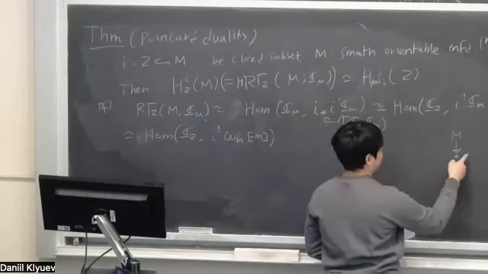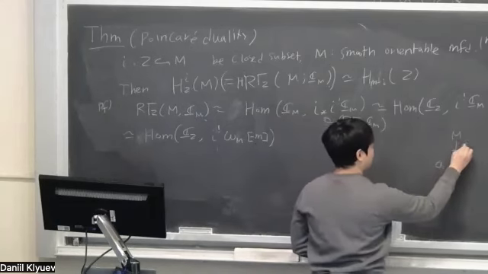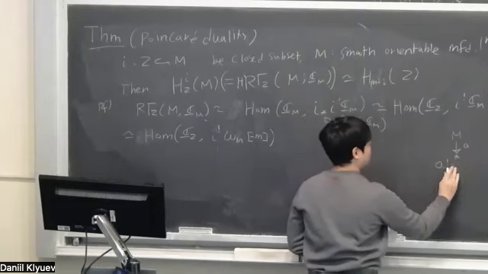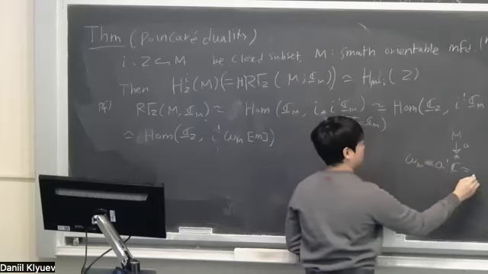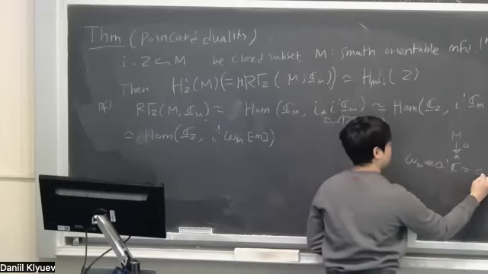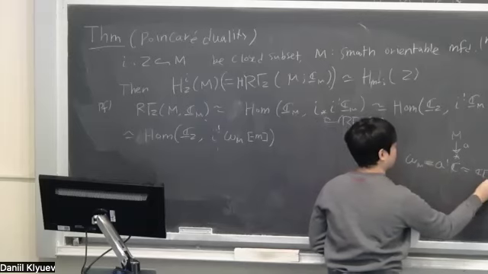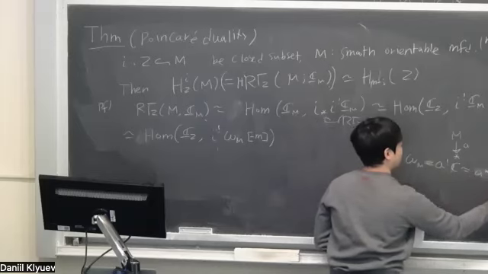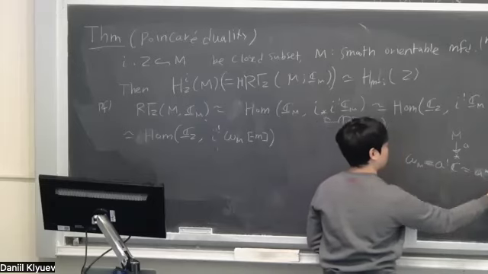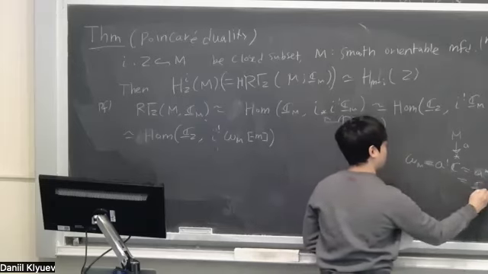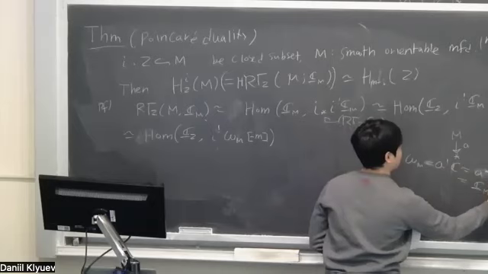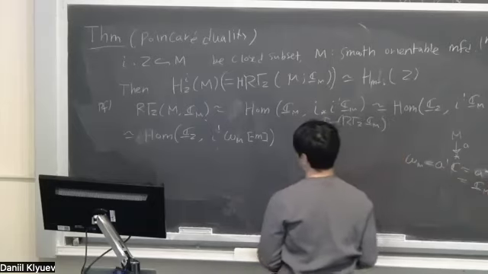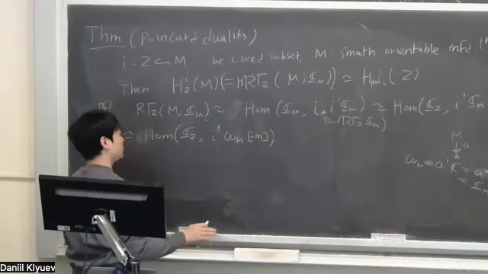In this case, a^! of C, which is the dualizing sheaf, is the same as a^* C with a shift, and this is just a constant sheaf with shift by d_M, where d_M is the dimension of the manifold.